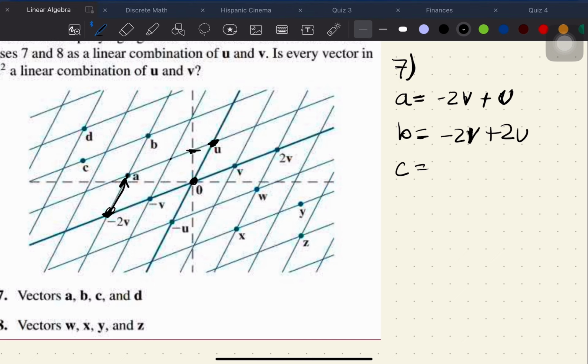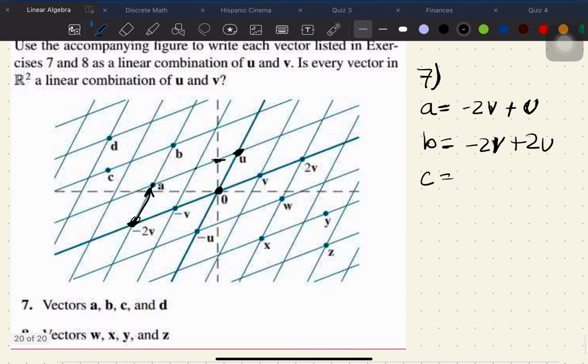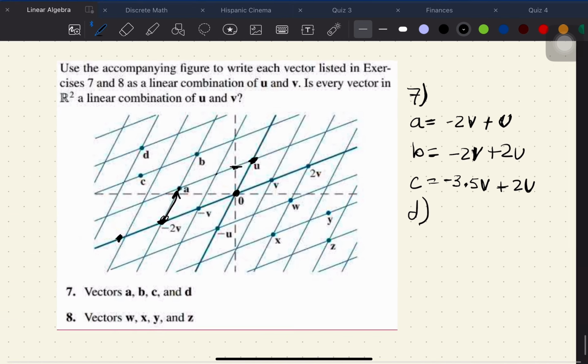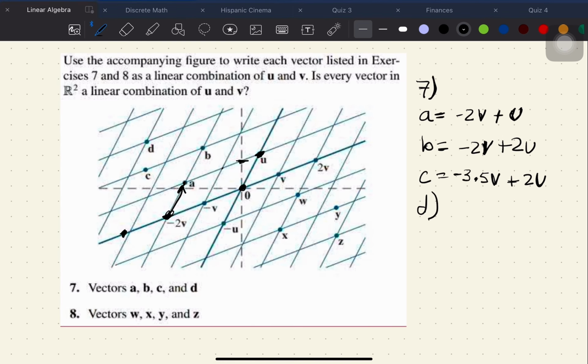Then we will have part C, or sorry, vector C. We see that we move from the original location. I will say that this is going to be at least negative 3.5, so negative 3.5b, and then plus still the same value, 2u. And now for d, the negative 2b has moved twice its size.